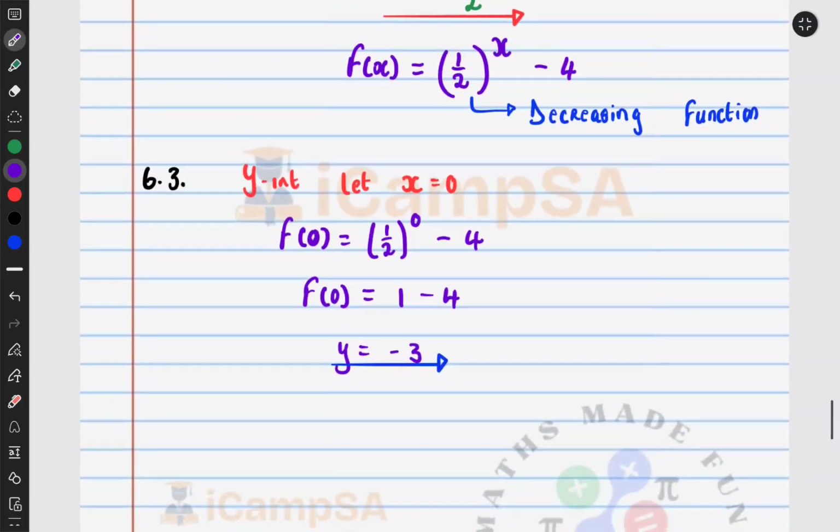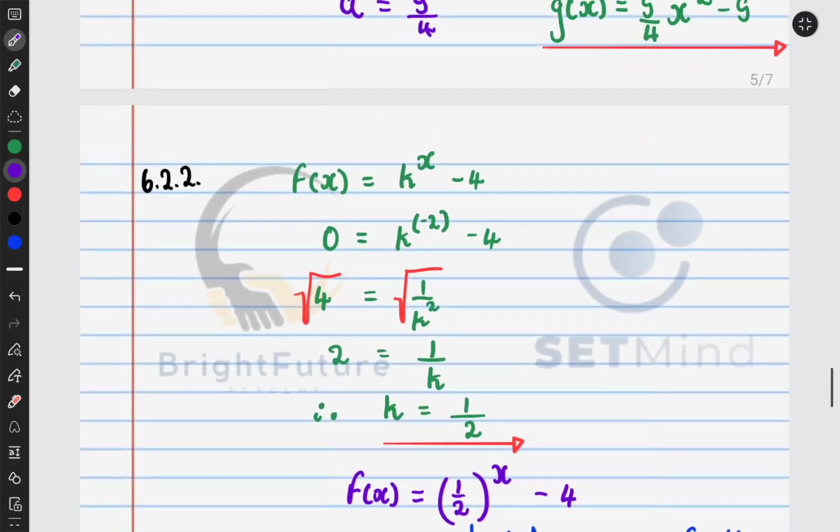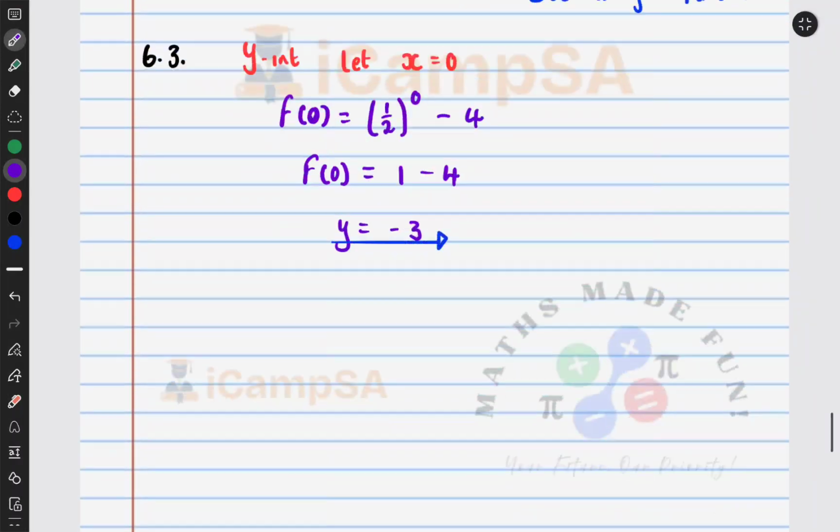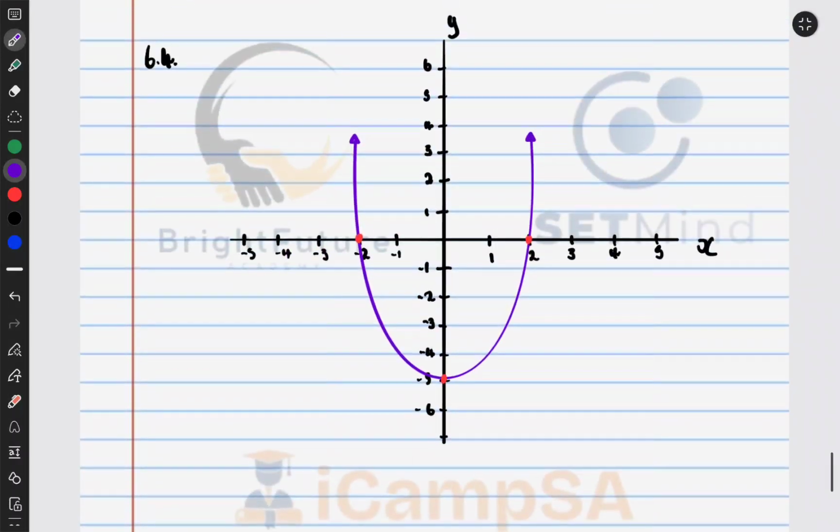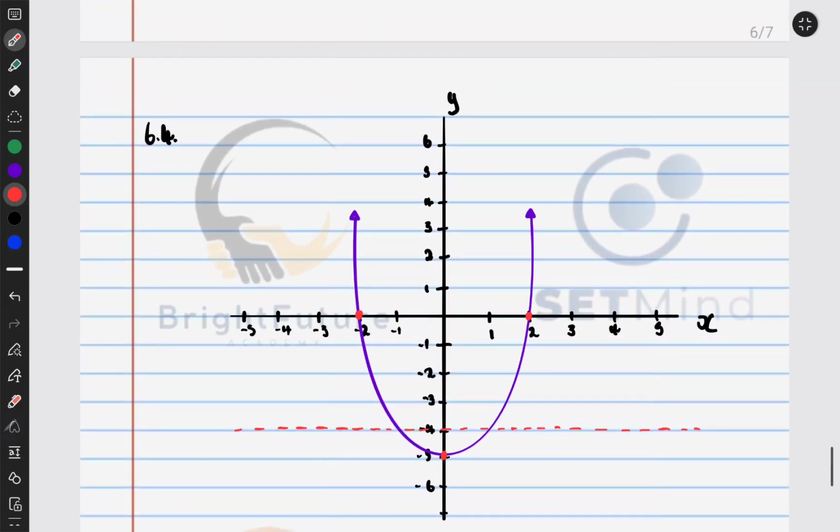It has the horizontal asymptote at -4, we start by drawing that. At -4, just take your ruler and draw dotted lines. That is where your asymptote will be located. And then we have key points here.